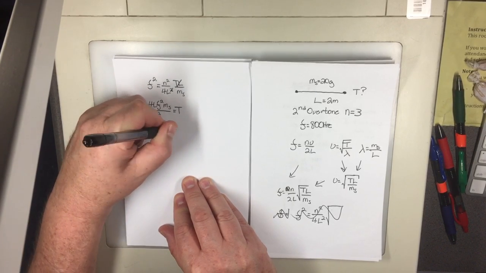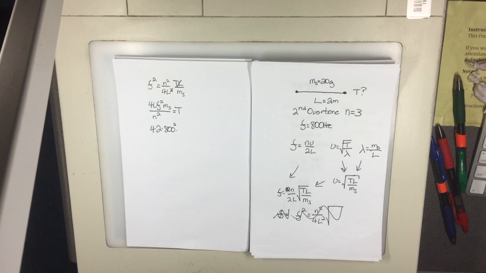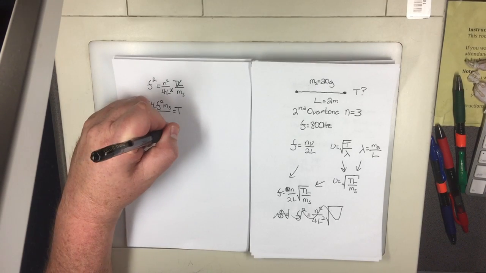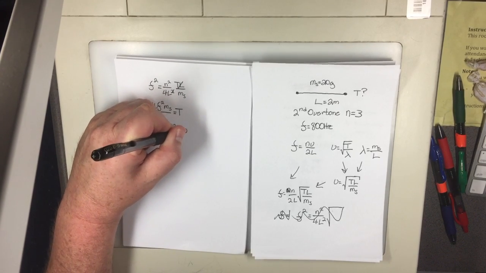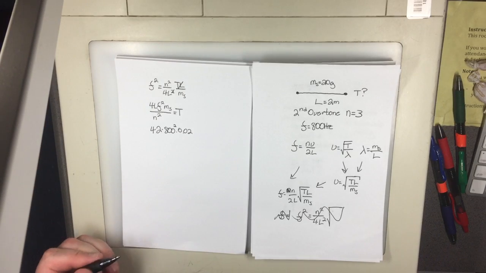Now MS, remember, we're dealing with our fundamental units. What is the fundamental unit for mass? Kilograms, not grams. So the number that we plug in is 0.02 kilograms.